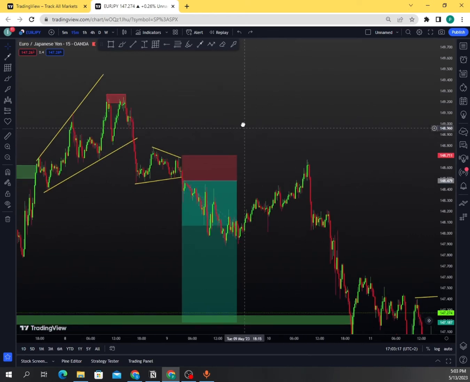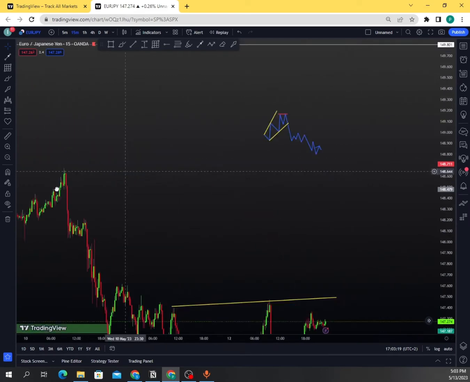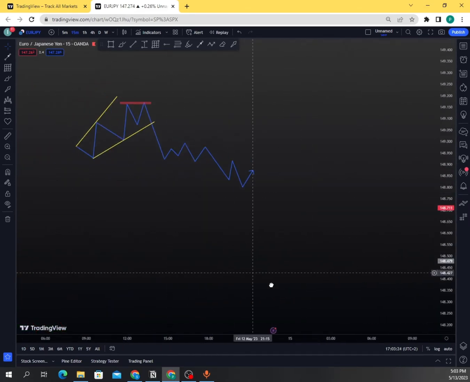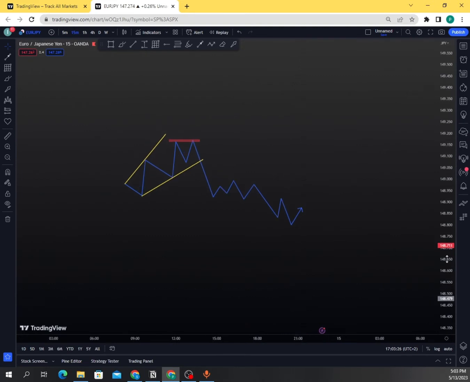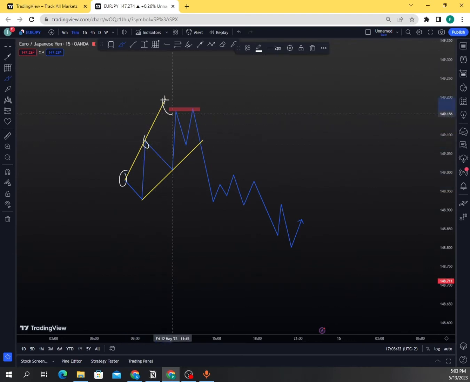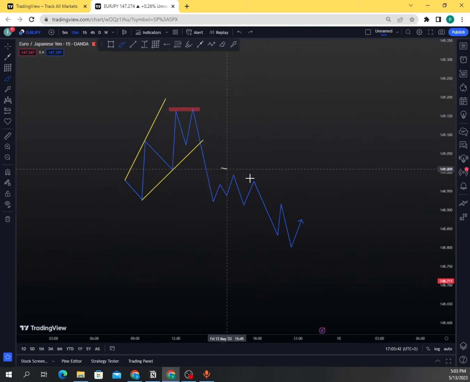It's quite simple guys. For now, I want you to focus on this drawing that I had here. It's the same structure, an expanding type pattern. I had a 1 2 3 touch, a double top within an expanding type pattern, and an impulse break. After an impulse break, I had a continuation.